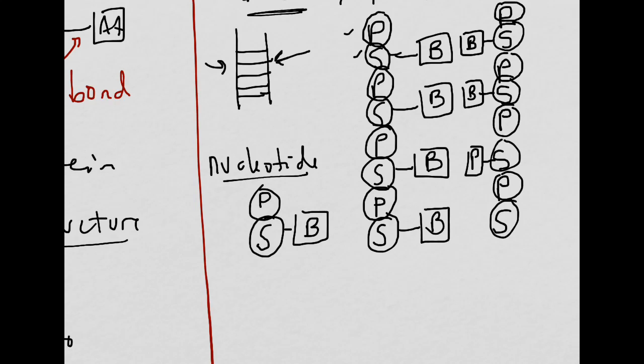I know I made these a little bit smaller. Don't sweat that. As far as size goes, this should be a symmetrical looking structure. These bases are not identical to each other. They are definitely not identical to each other.